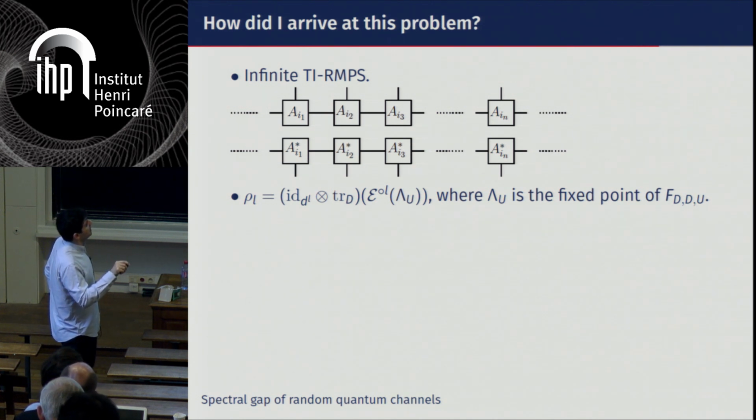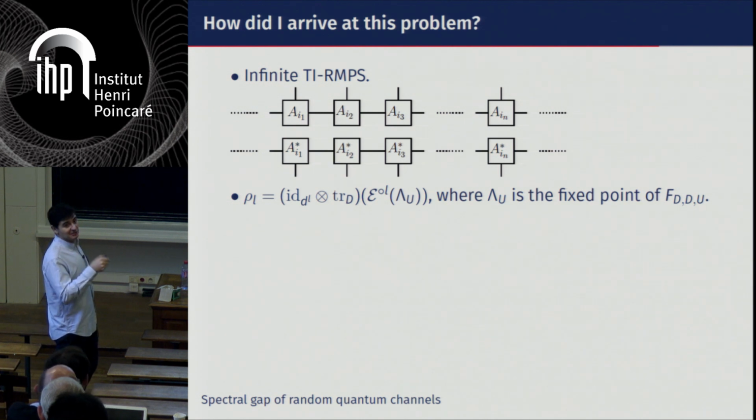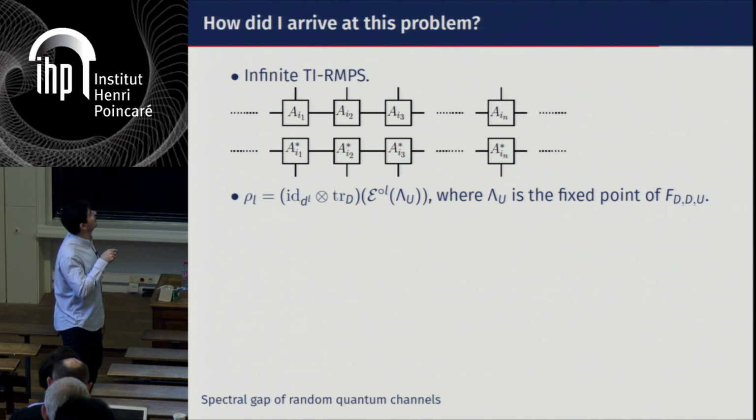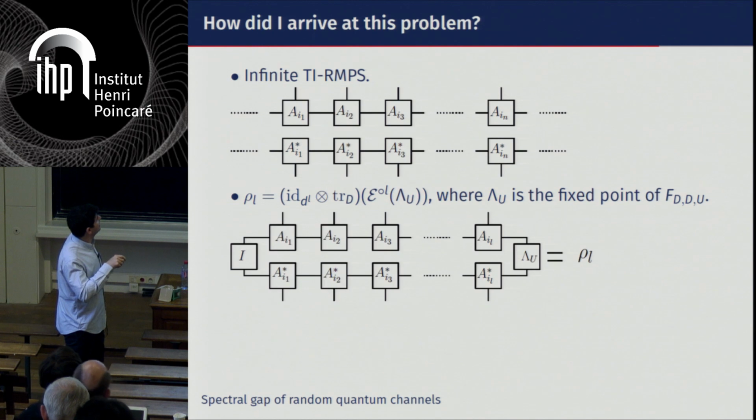So you can think that in the limit I will get a matrix at some point, and then I apply our random channel many times, so I will get to the fixed point after probably not too many steps, because this channel is gapped in general. So in the right part of what I haven't traced, I will have the fixed point of the map.